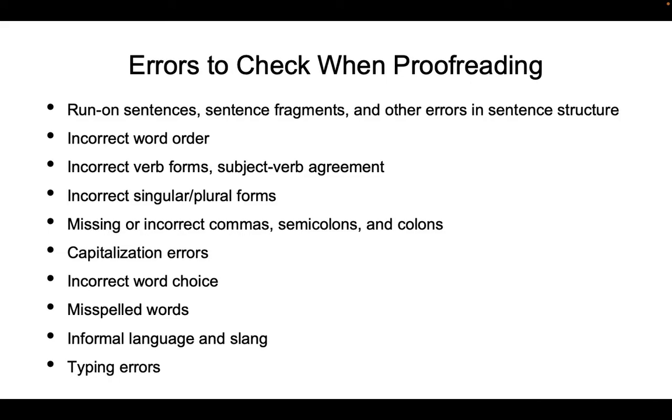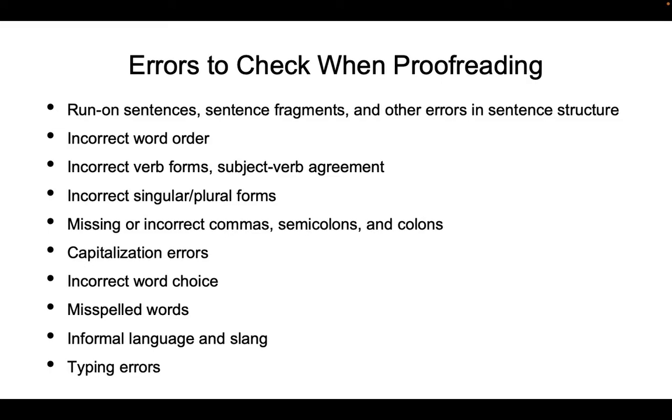After you finish editing, it is time to proofread for surface errors. Here are some of the most important types of errors to check for: run-on sentences, sentence fragments, and other errors in sentence structure. Make sure you have no missing subjects or verbs, and that you use conjunctions and punctuation correctly.